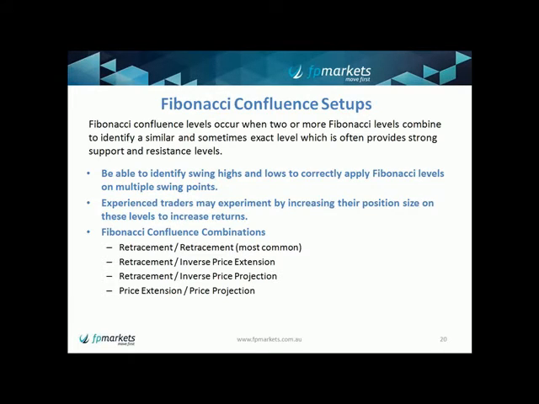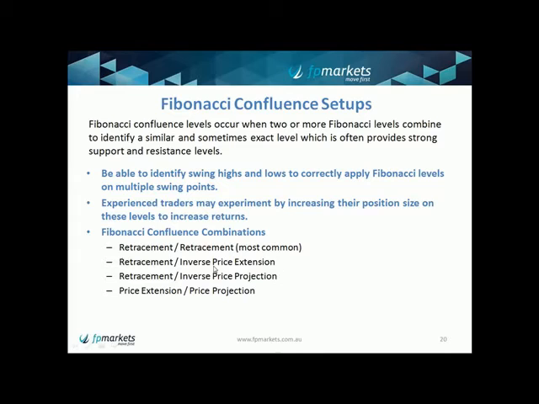I'm often using various combinations of retracement on retracement, which is often the most common, especially if you're in a nice uptrend and you can see multiple swing lows. You find one common swing high and then you draw the fib levels on that. You also have retracements with an inverse price extension.